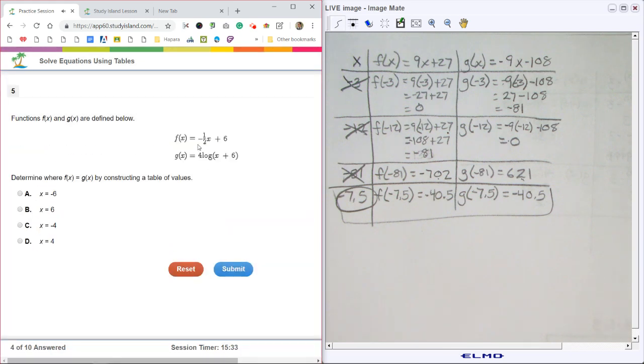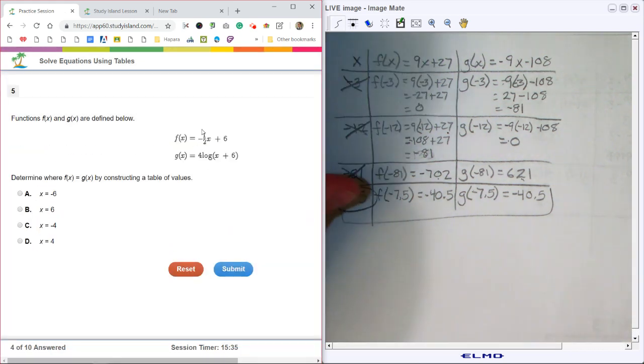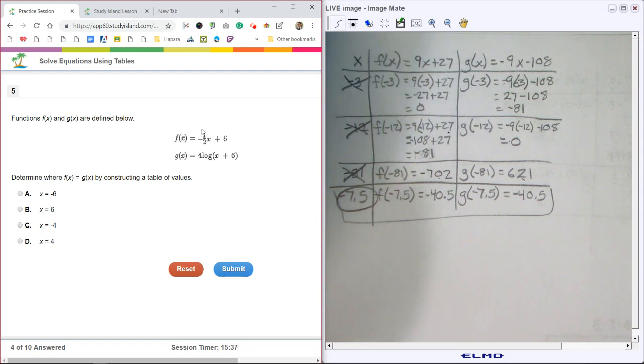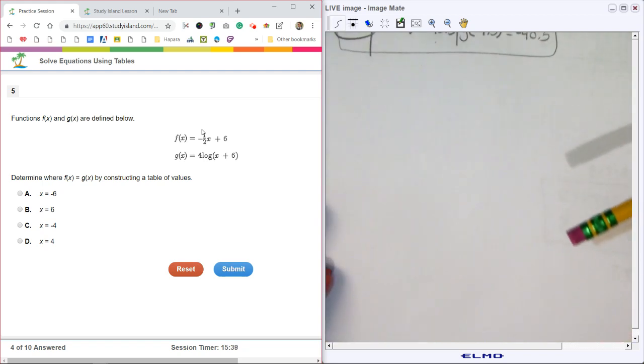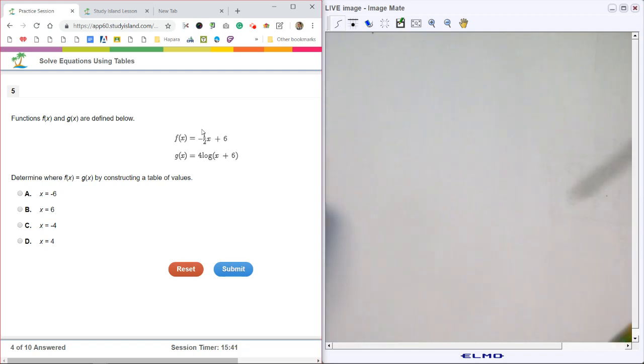Let's do one more. We have two different values here. Again, we'll make a table. Input value x.